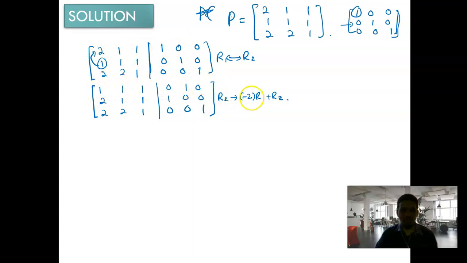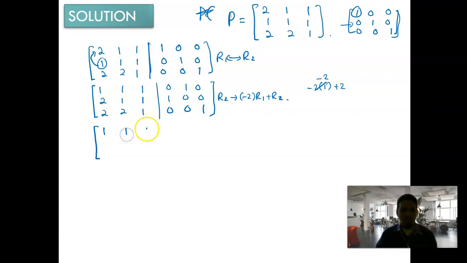So negative 2 multiplied with 1, plus R2. What is the element in R2? Yes, 2. So negative 2 plus 2 equal to 0. This is the operation for row number 2, meaning row number 1 and row number 3 remain unchanged.